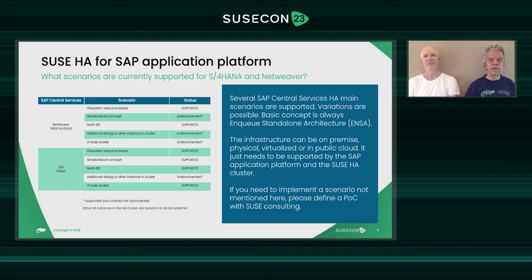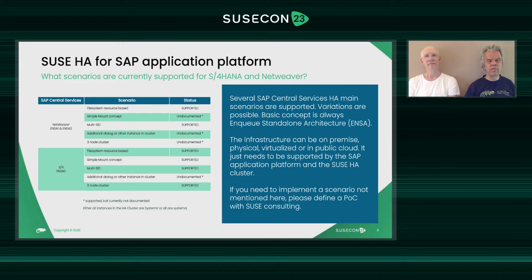Thank you, Lars. As discussed about the database, of course, what you also need is an application platform to run your SAP workload. There are, in general, the more common NetWeaver application platform and the newer S/4HANA application platform, while NetWeaver has its own older technique called ENSA 1.